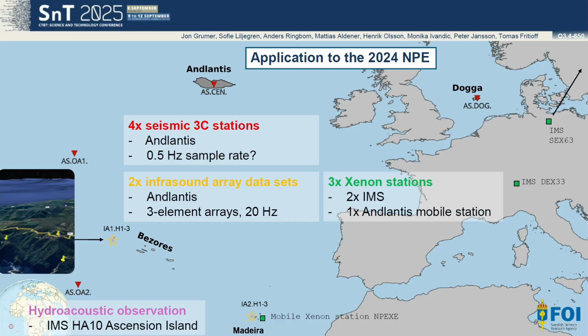They provided us with national seismic data, national infrasound data. They provided one xenon mobile station down at Madeira. And then they pointed to 2 IMS radionuclide detections and 1 hydroacoustic detection. So it included essentially all technologies.